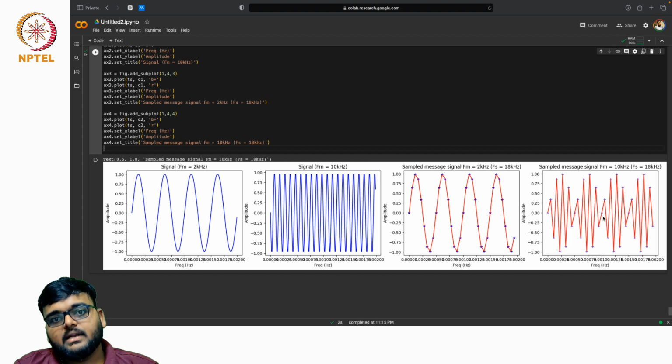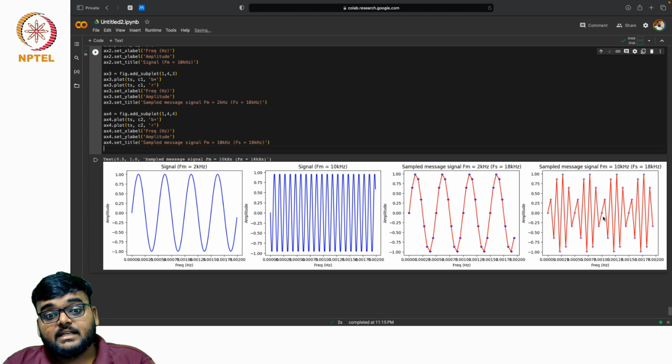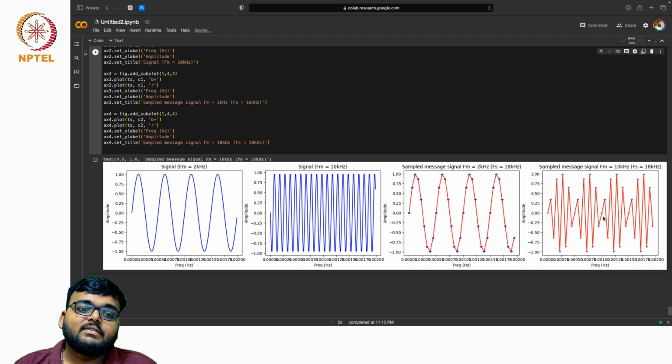If we oversample it, no issue, you will get back the signal, but the extra bandwidth is utilized, which is not so good for the system, and you might use storage space which is not required if you properly sample it. So this is what happens if you go under sampling.